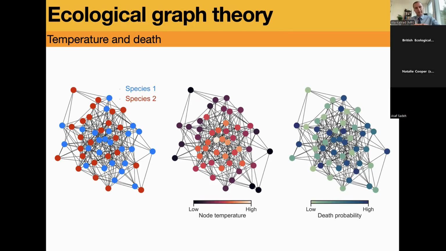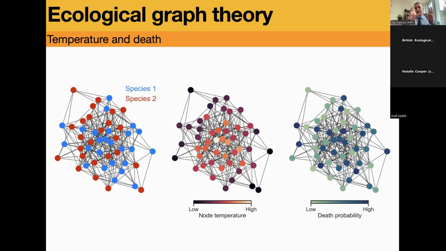For this given graph, you have a distribution of the temperature for each node, representing how well connected that node is. But for death probability, you use that temperature for any node and then take into account the composition of the nodes connected. So what are the neighbors, and that represents the death probability.